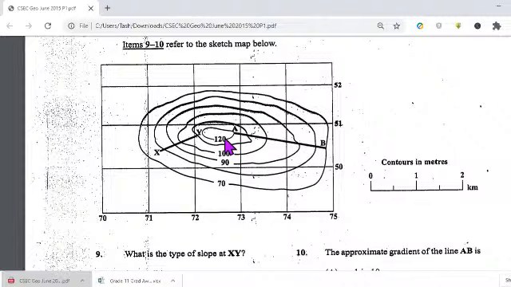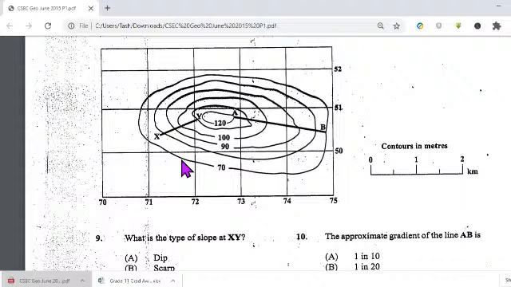All right, so someone is asking to explain why it is a scarp slope. Okay, so there are different types of slopes. You have gentle slope, concave slope, convex slope, dip. When it is a scarp slope, the contour lines are close together, but not extremely close together for it to be too difficult to climb. So it is not like a cliff that you are looking at.